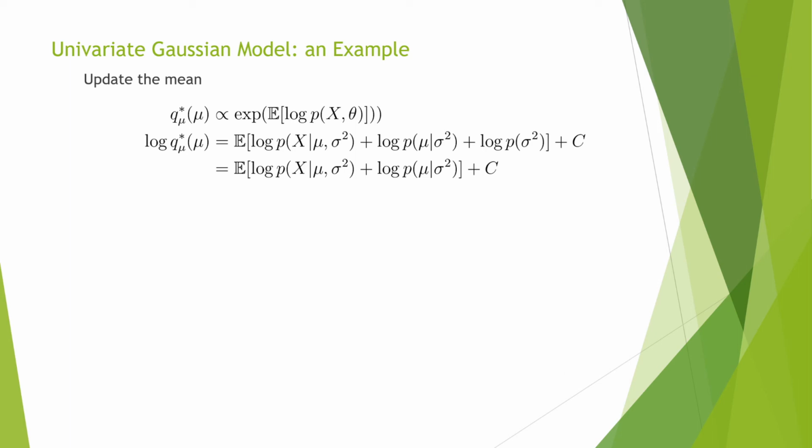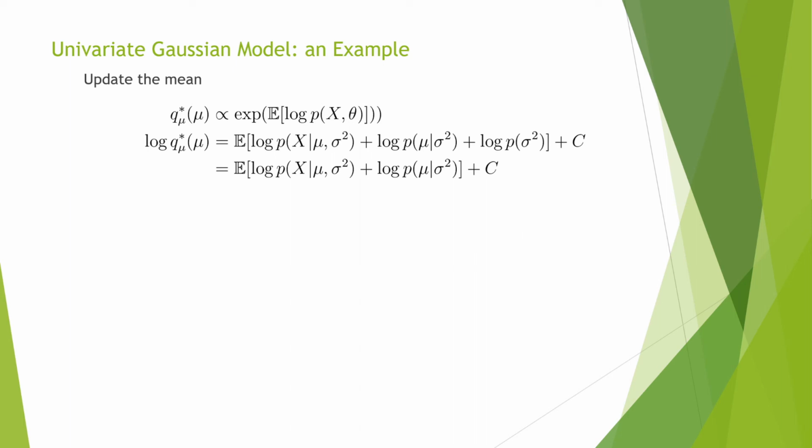So we first try to update the mean, mu. Recall the formula that we should set the variational density to be the exponential of the expected log joint density. We take the log of both sides, so the calculation is simpler. We can also gather all the irrelevant components into a constant.